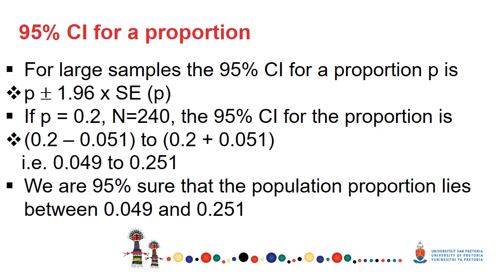Remember, 0.051 is the 1.96 times the standard error of proportion that was calculated in the previous slide. If you calculate that, you will get 0.049 to 0.251. And we can interpret it to say we are 95% sure that the population proportion lies between 0.049 and 0.251.